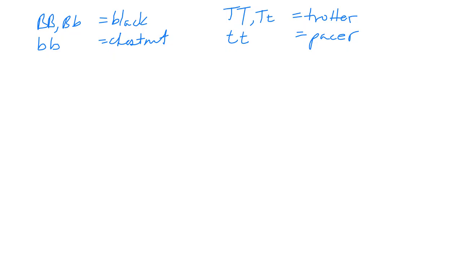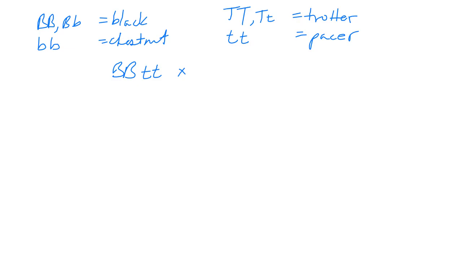So a homozygous black pacer. We know it's homozygous black, and it was a pacer. So we know that being a pacer is homozygous recessive.